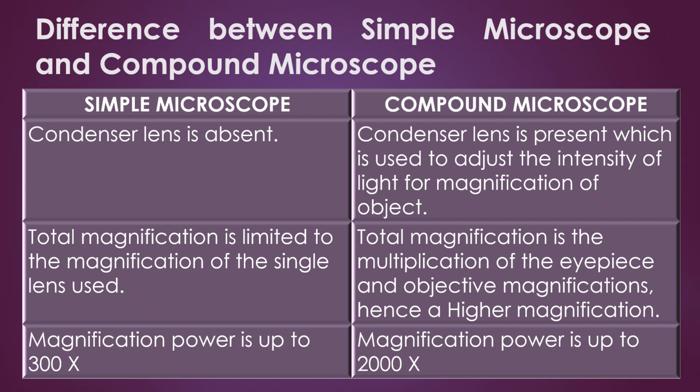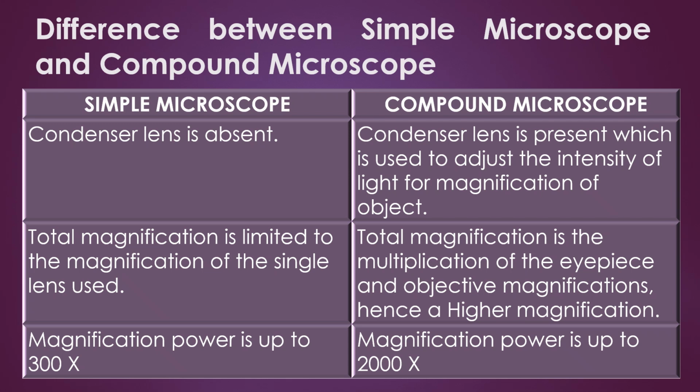In the compound microscope, the total magnification is the multiplication of the eyepiece and the objective lens magnifications. For example, the eyepiece with 15x magnification and the objective lens with 100x magnification results in a magnification of 1500 times of the object.